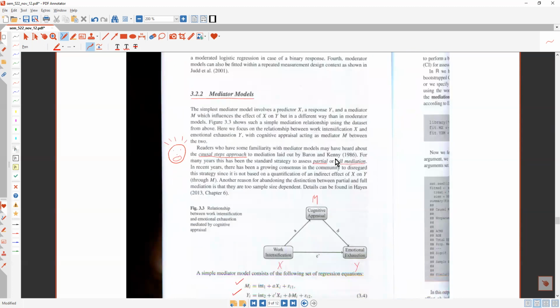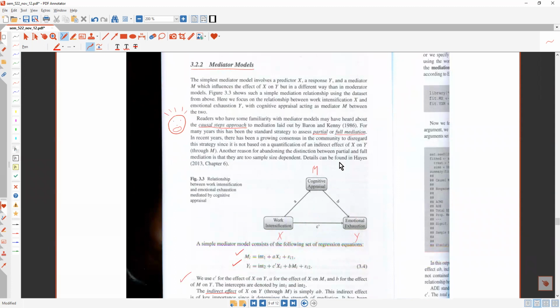The mediator model, be very careful about this. So as soon as they talk about the causal steps, well, Baron and Kenny is the classic resource for this. I'm going to be fairly critical on this because there's no causality unless you have causality in your model.